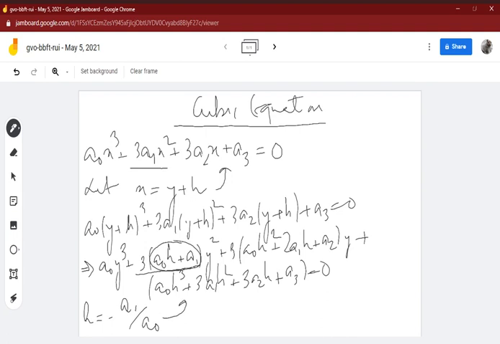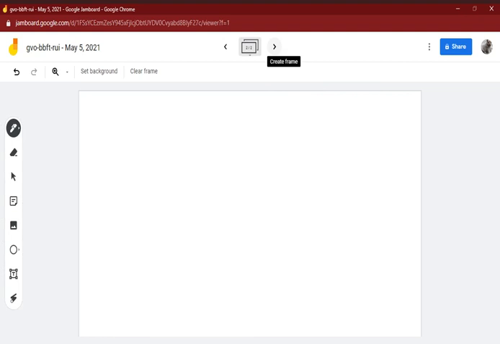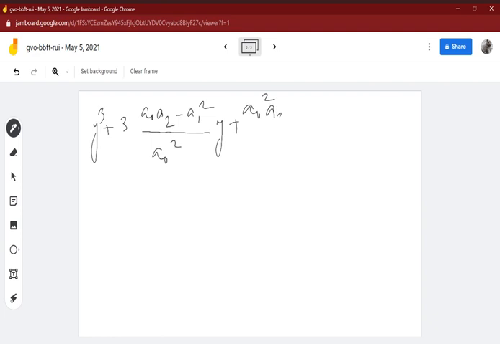So using this value of h, this equation will transform to y cube plus 3 (a0 a2 minus a1 whole square) divided by a0 square into y plus (a0 square a3 minus 3 a0 a1 a2 plus 2 a1 whole cube) divided by a0 whole cube equals 0.